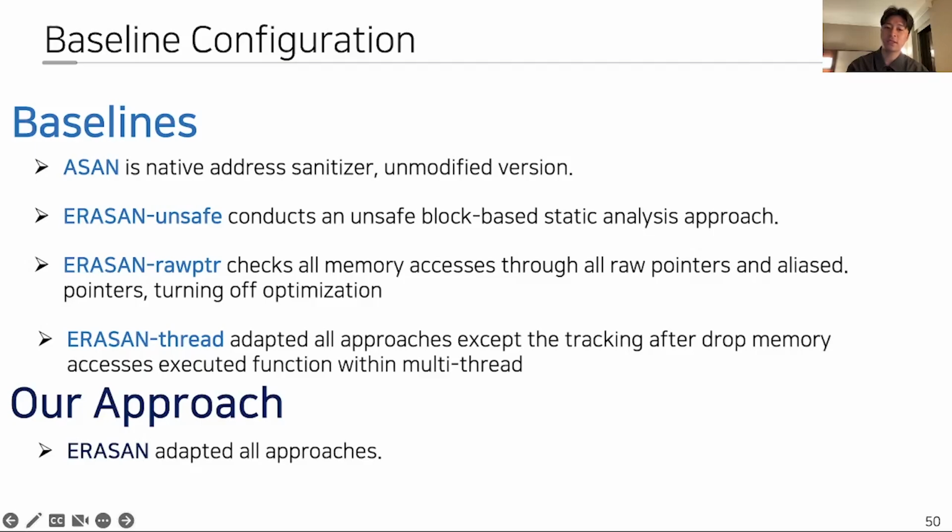The second one is the ERASAN unsafe mode, which conducts unsafe block-based approach. The third one is ERASAN raw PTR mode, which tracks all memory accesses that have alias relationship with the raw pointers. The last one is ERASAN thread mode, which turns off optimization within multi-thread functions.